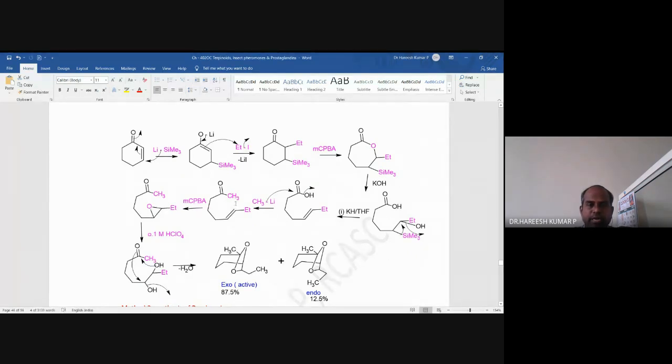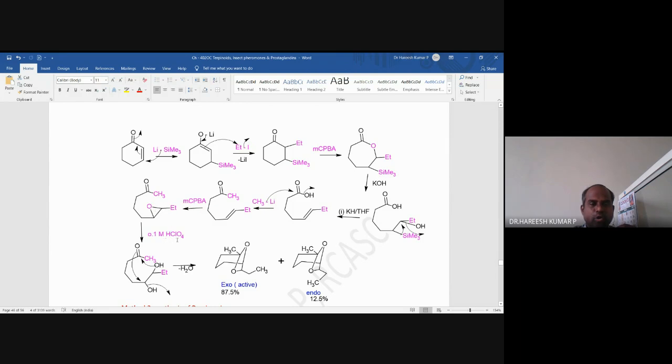Again, this product is treated with MCPBA. Here it will act for epoxidation. So this double bond is converted into an epoxide.